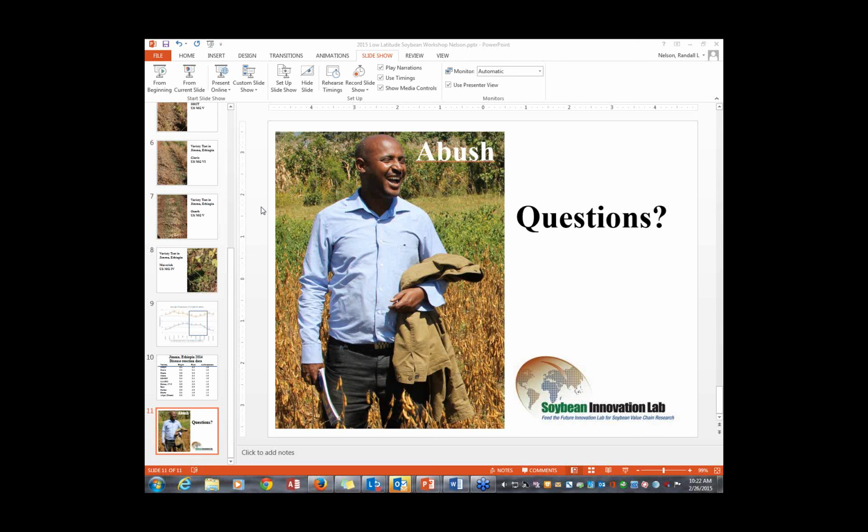Maybe like a BC2 population to bring in some of the germplasm in low dose from the U.S. background?